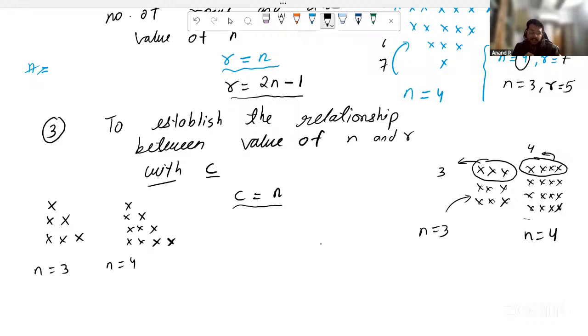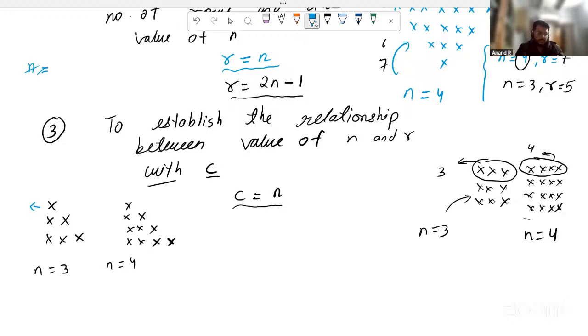Does C have the relationship with the value of n, or with the value of r? And what is the relationship? Columns are from 1 to n, correct? But what is the relationship? Let's try to find it out.